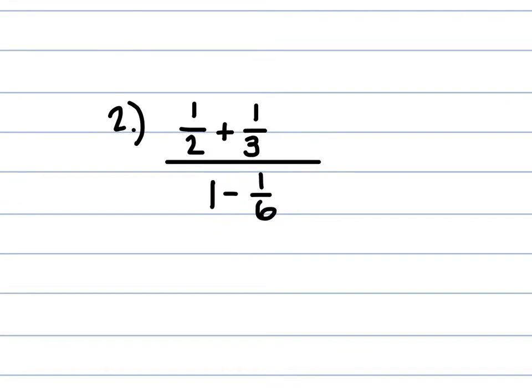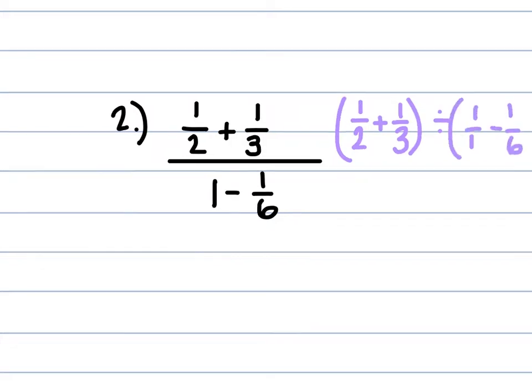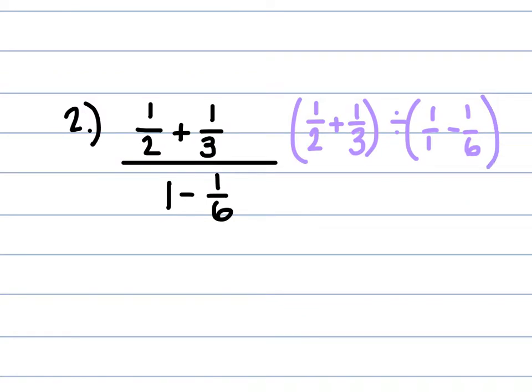For 2, we have 1/2 plus 1/3 over 1 minus 1/6. So again, this is the same thing as saying 1/2 plus 1/3 divided by 1, or 1 over 1 minus 1/6. So like denominators, your least common multiple between 2 and 3 is 6. So the 1/2 will turn into 3 over 6.